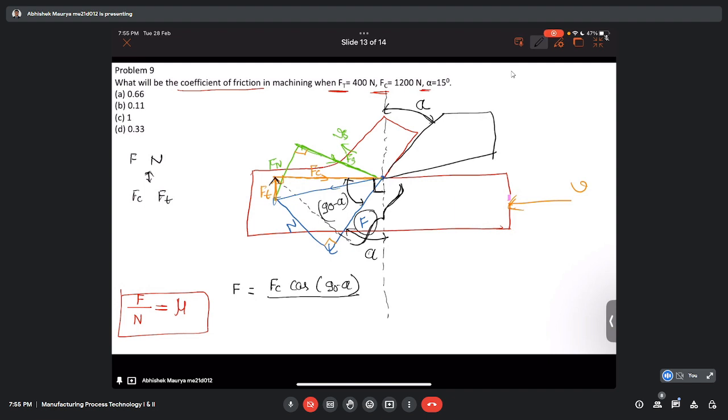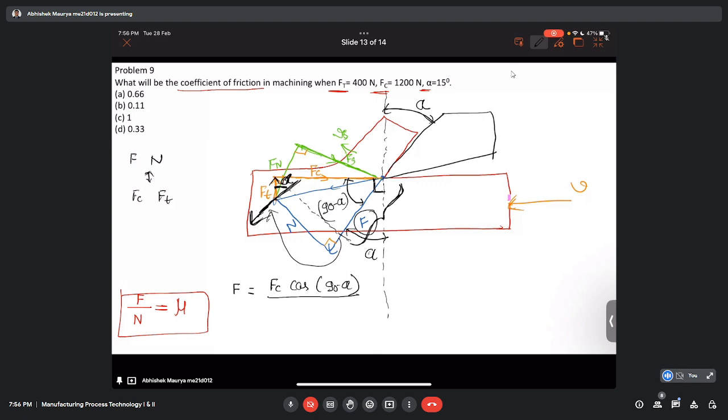So if we draw a line parallel to F here, I have drawn this line, which is parallel to this blue F. If we find the angle between them, this is again nothing but alpha.